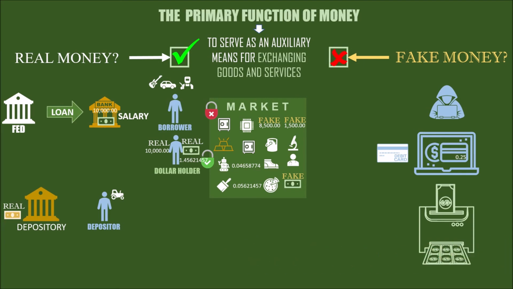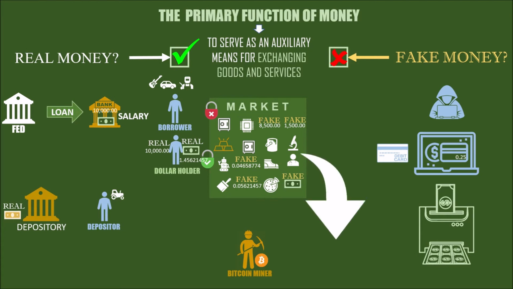This is indisputable proof that Bitcoin is fake money. It doesn't serve as an auxiliary means by which Bitcoin miners and market participants exchange goods and services. Instead, it serves as a fraudulent means by which miners extract goods, services, and real money from the market participants.